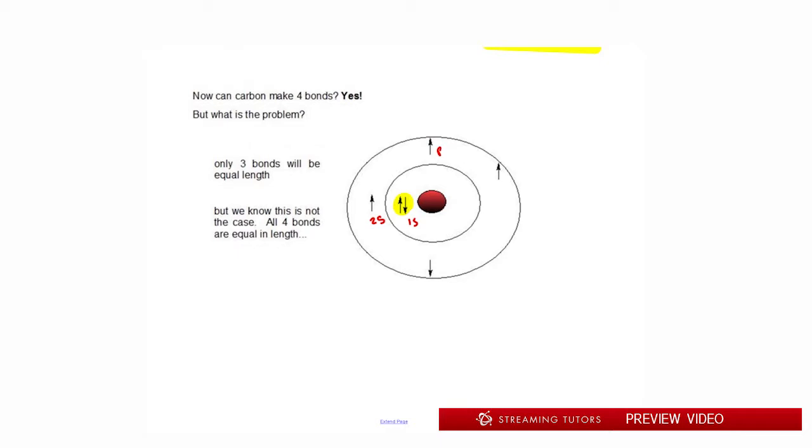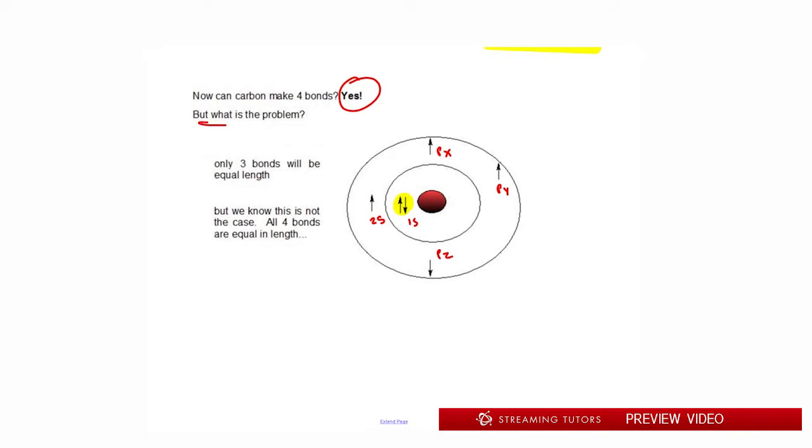All of a sudden, 2px, 2py, and 2pz all have 1 electron because we excited the carbon into its higher energy state. This carbon can make 4 bonds because now it has 1 electron in 4 orbitals, and 1 electron from other atoms can go in and make a bond there. So can this work? Yeah, now we are good to go. We can allow carbon to make 4 bonds by just making it go into the excited state.